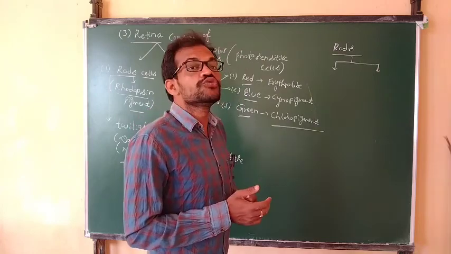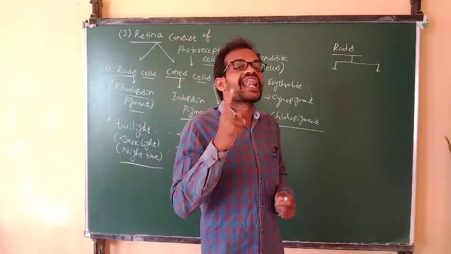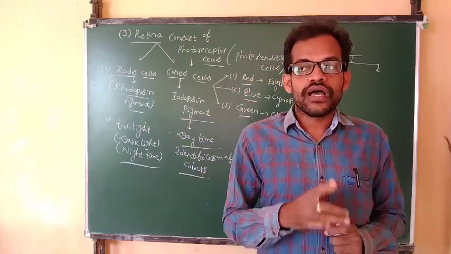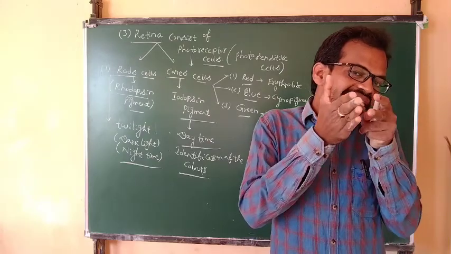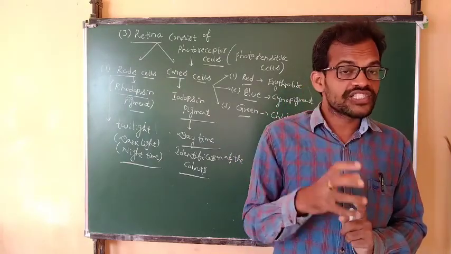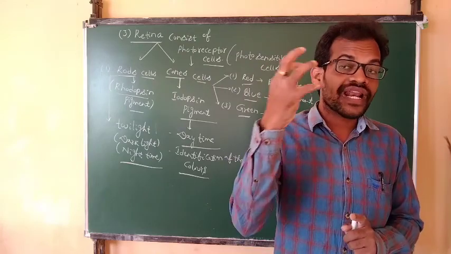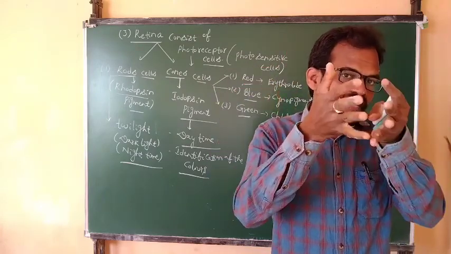Dissociation means separated. Once the light passes into the eyes, which consist of photoreceptor cells, the rod cells and cone cells are activated and the pigments are separated.